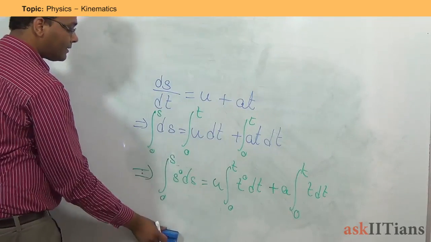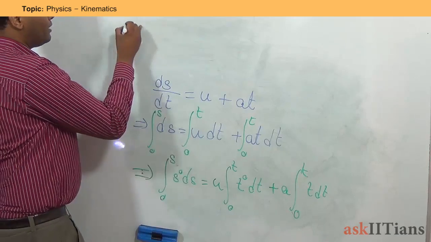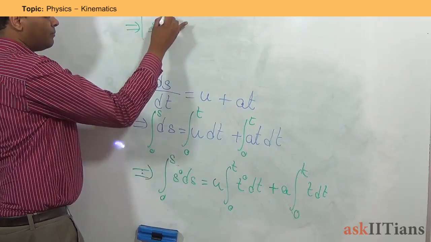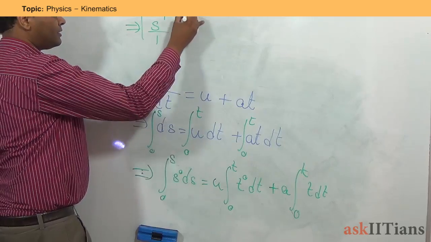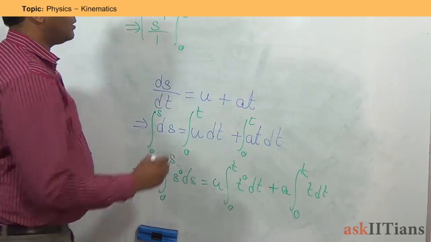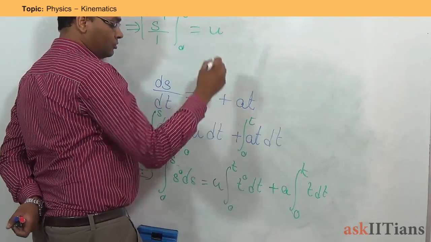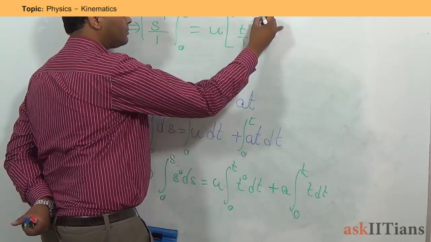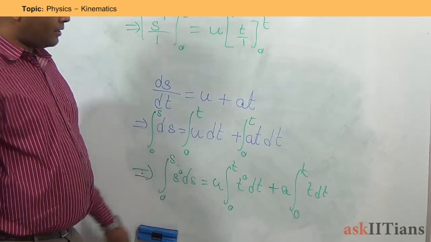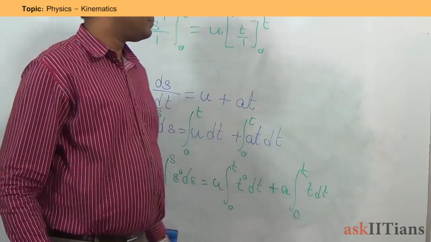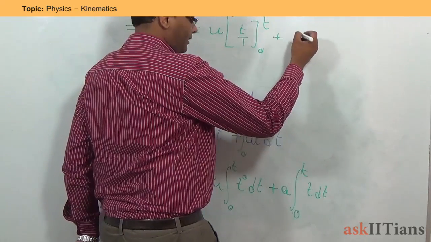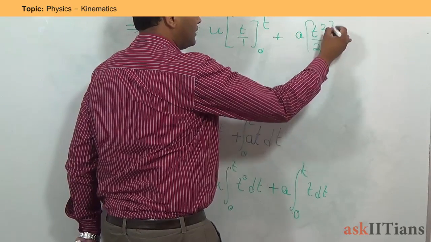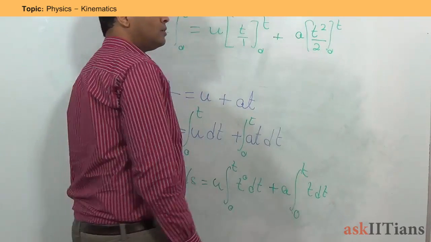If I integrate this, what are we left with? We'll be left with s raised to the power 1 by 1 integrated between 0 to s. On the right hand side, I'll get u, here I'll get t by 1 integrated between 0 to t. Here I already have a factor of t, so I'll get a into t raised to the power 2 by 2 integrated between 0 and t.